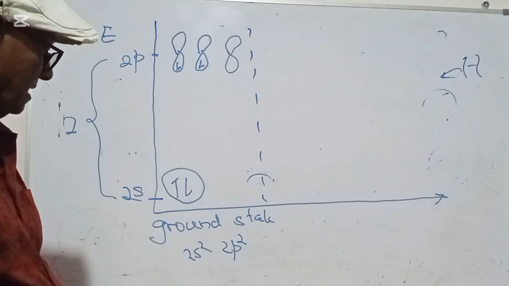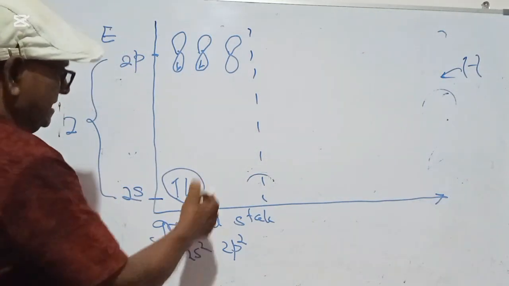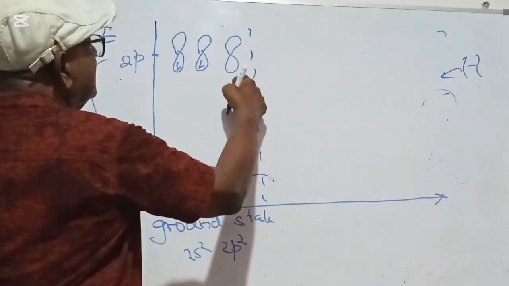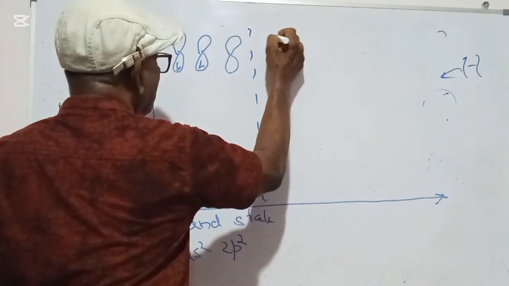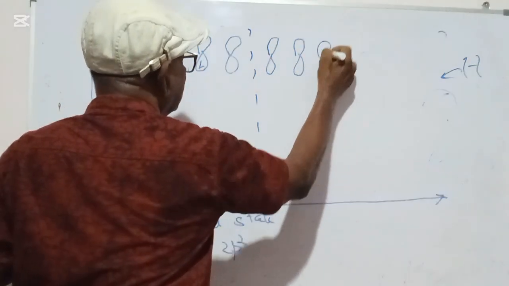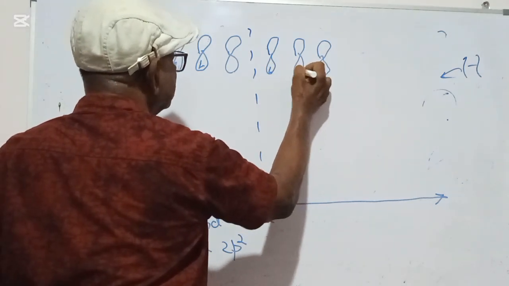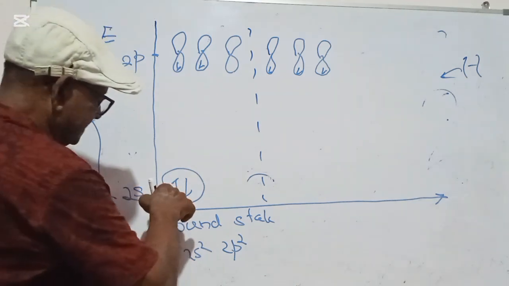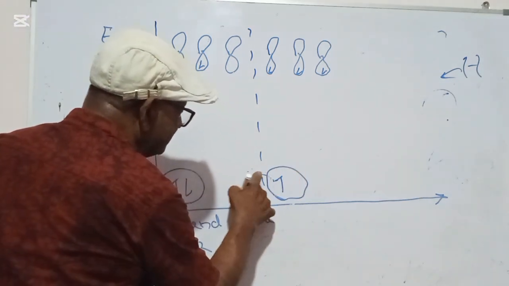Then it comes to the excited state. This electron transfers to the empty p orbital. Now 3 p orbitals all have 1 electron in each. But the s orbital has only 1 electron.